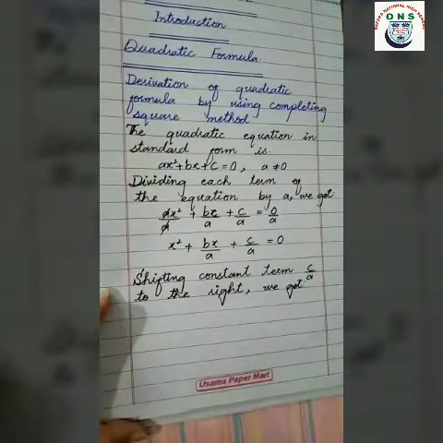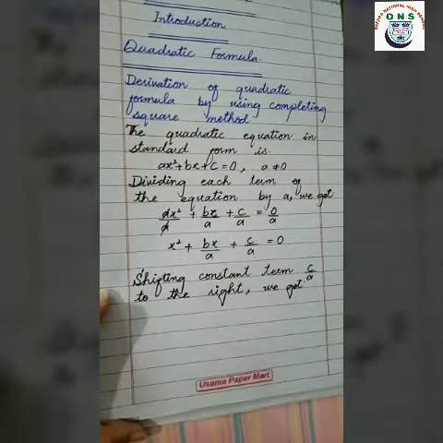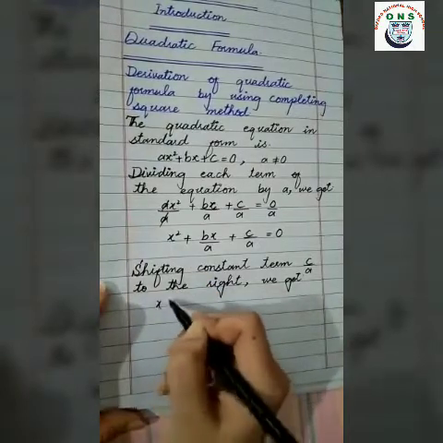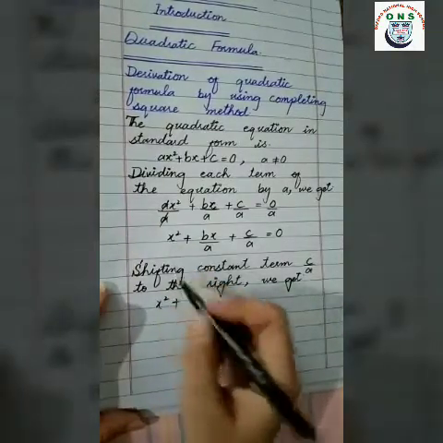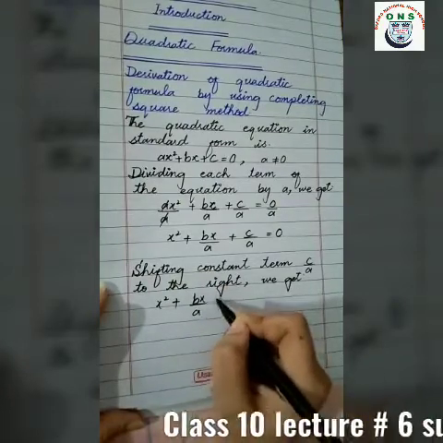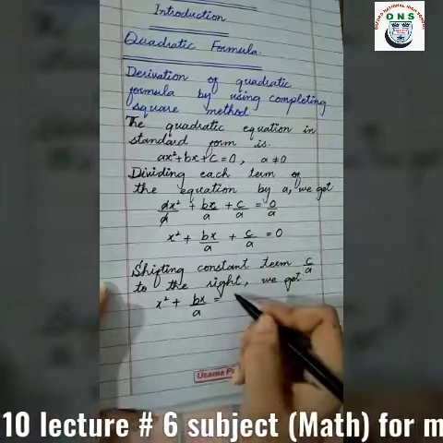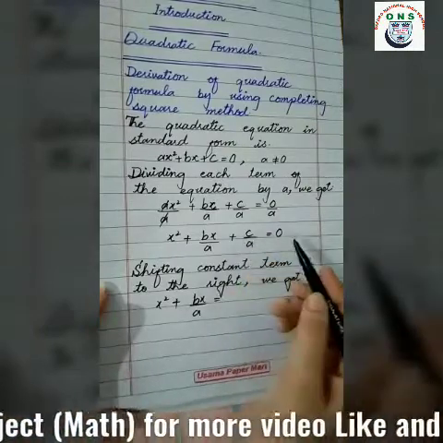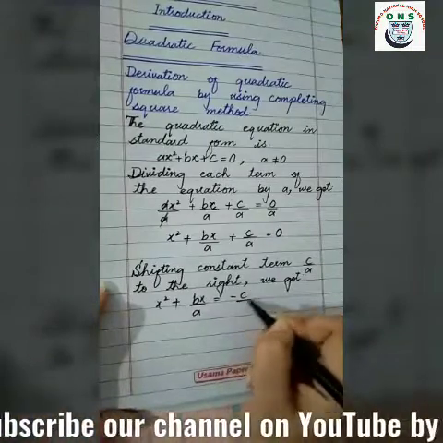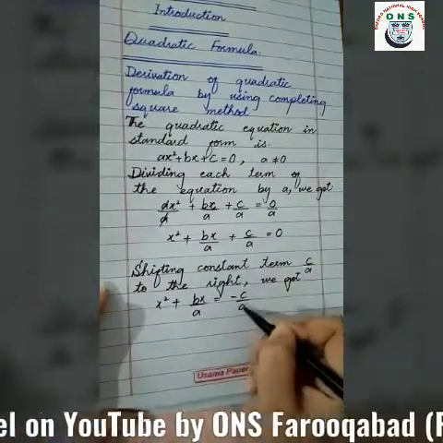Shifting constant term c by a to the right, we get, as you know, that is variable and it's perfect square now. bx by a will remain here, so it's positive here. Whenever it is shifted on the right side, the sign will be changed, means here it is positive but there it will be negative now.